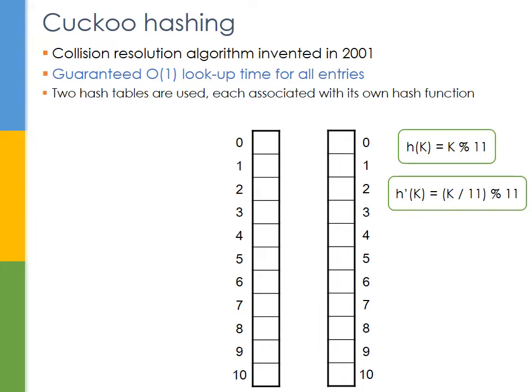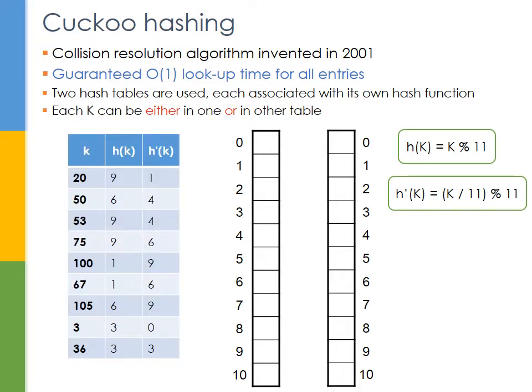So how does cuckoo hashing work? What are we going to do with these two tables? As I have already mentioned, every single key can now be in either table 1 or table 2. So we are going to get our keys, and if you look at the table here, the keys are in this left column.